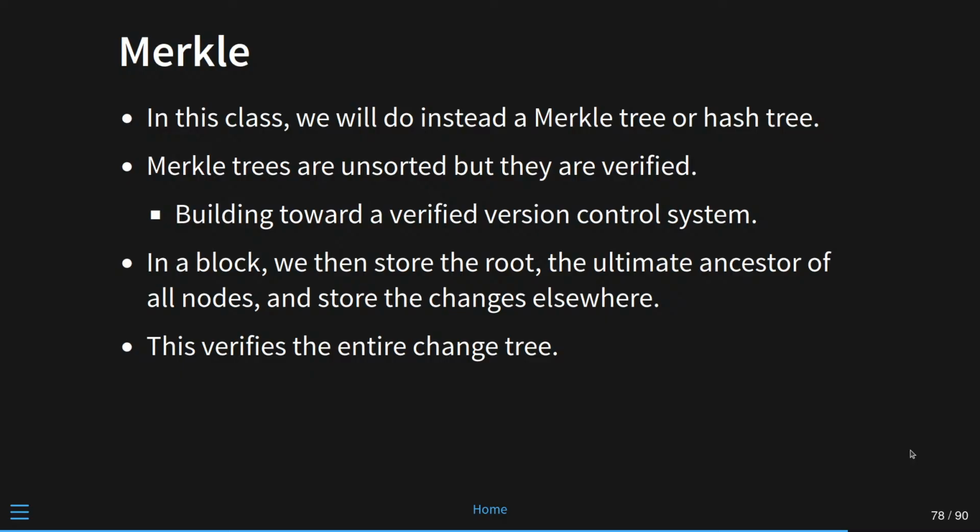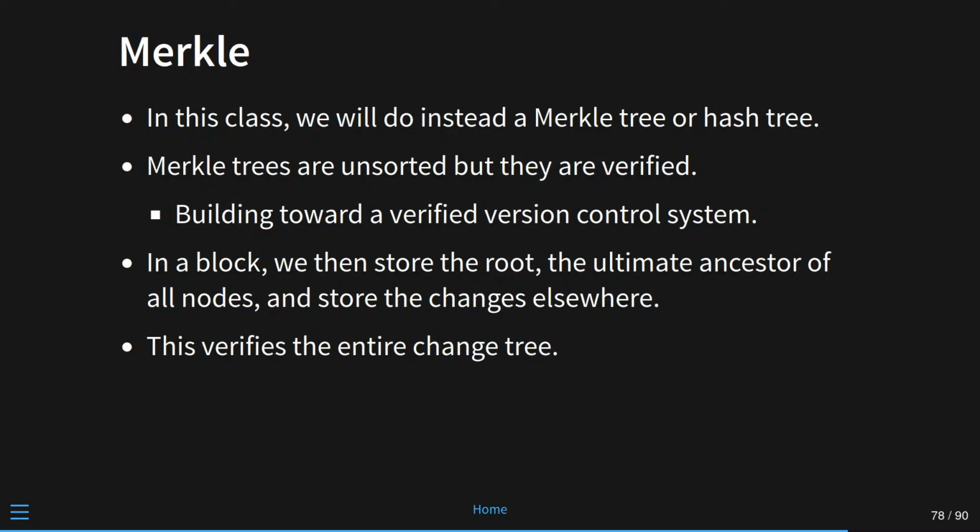The application of trees this term is going to, I hope, be much more interesting, which is that I'm going to teach you about Merkle trees or hash trees next week. The Merkle tree and the hash tree is also very similar to the stack allocated version of a heap, and a heap is itself also a form of tree. So what is interesting about these things? They are not sorted. They have no notion of ordering.